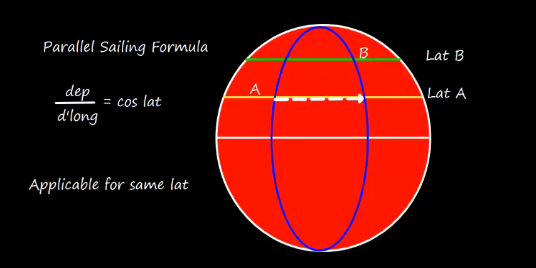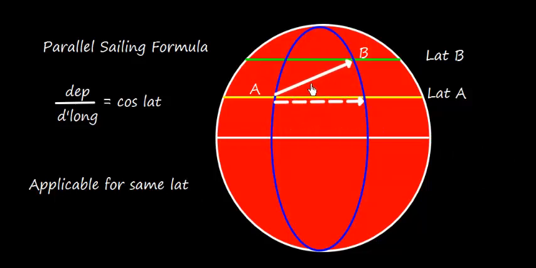Well, this formula is applicable if we are moving on the same parallel of latitude. Say for example, if we have to move on this parallel of latitude, this formula will be applicable. However, we need to go from A to B.